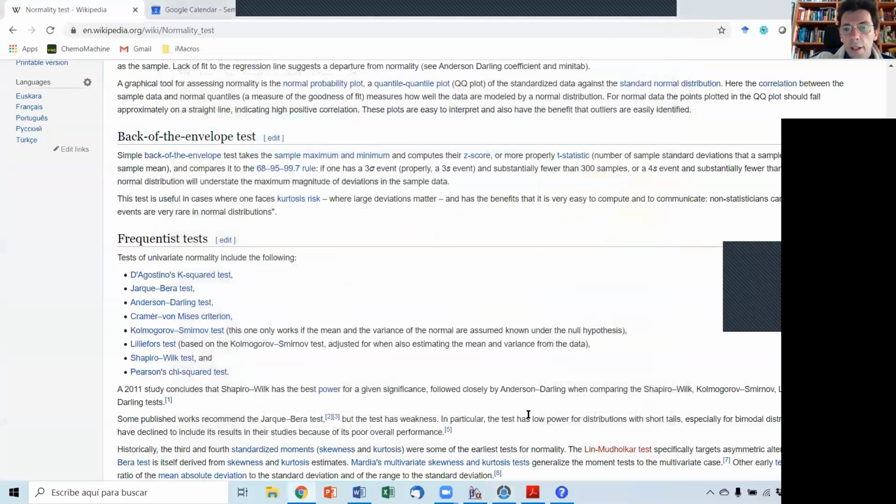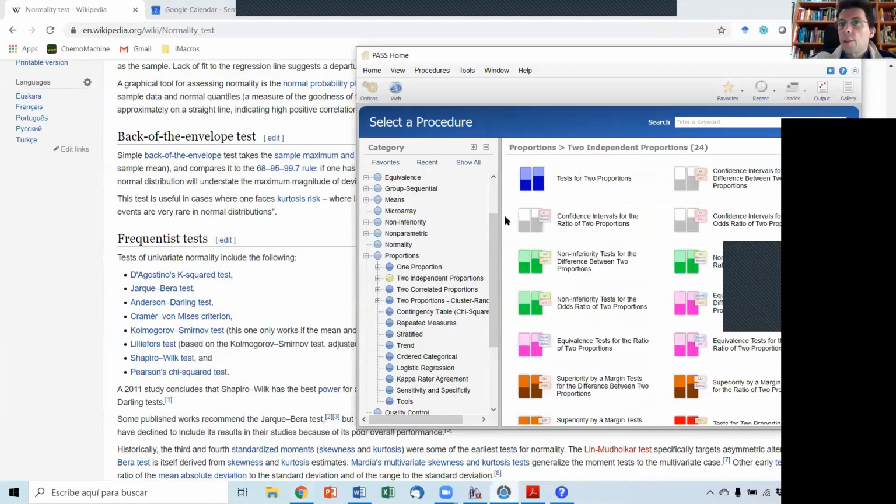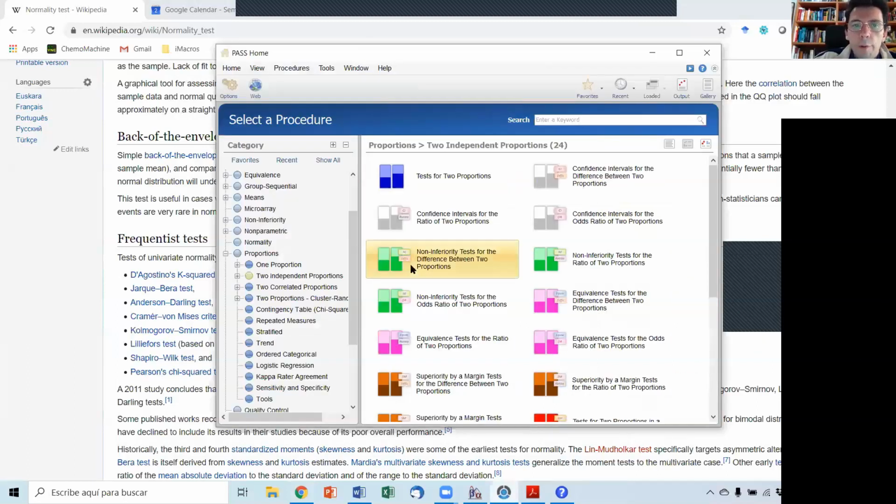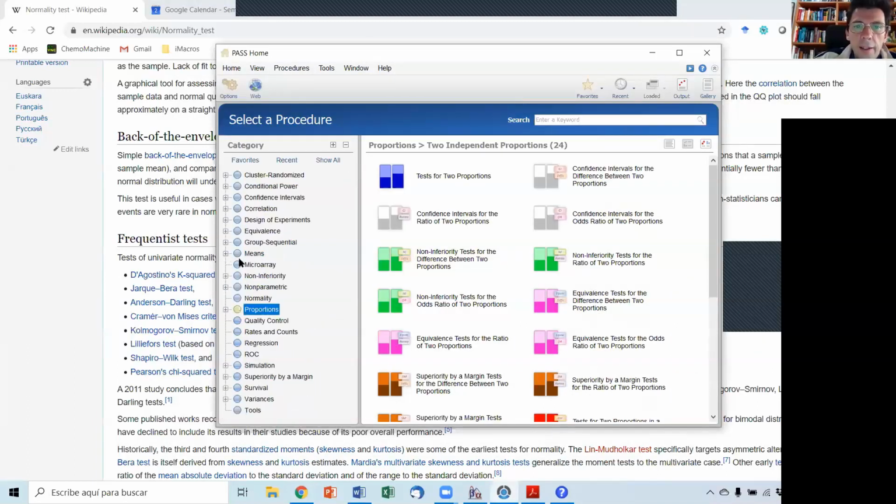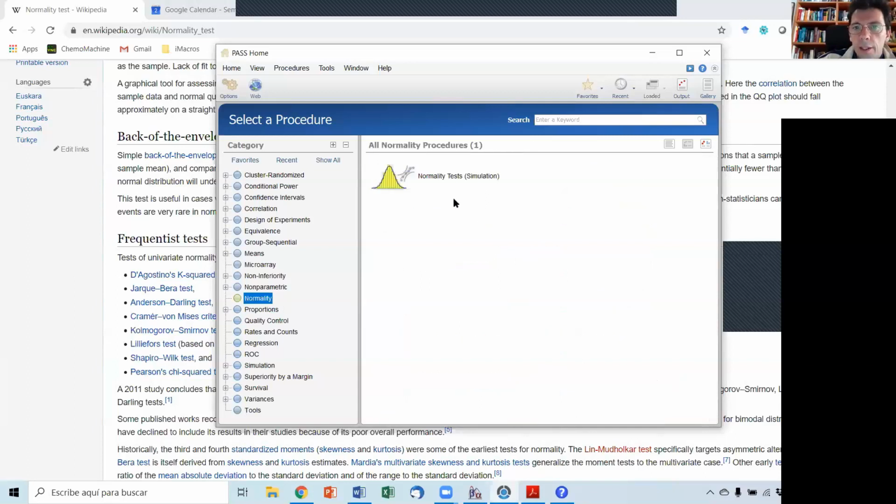And otherwise, you can use previous publications. If someone in your field has taken the time to measure the normality of the things you are looking at, then you can use those results. And also, for instance, there are variables that are known to be non-normal.